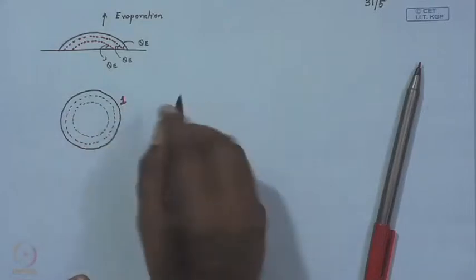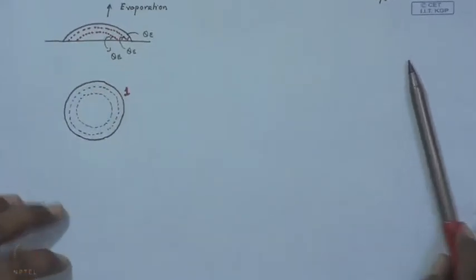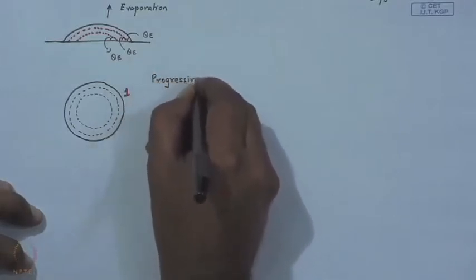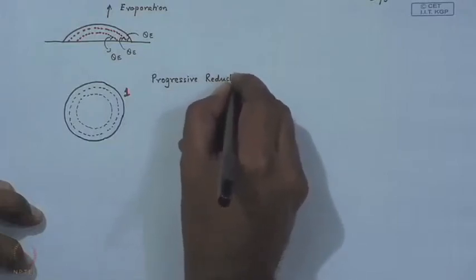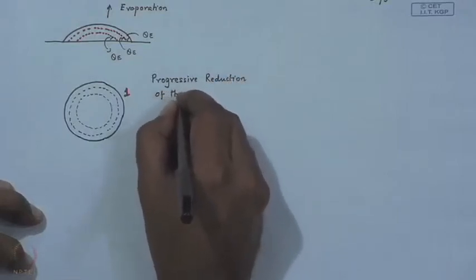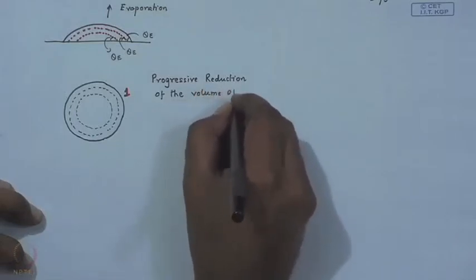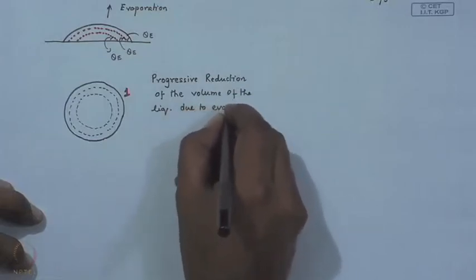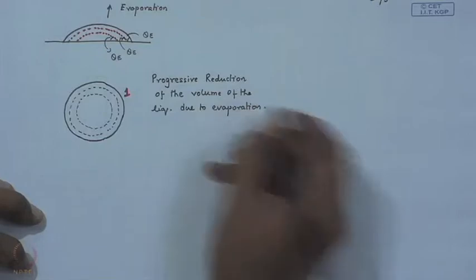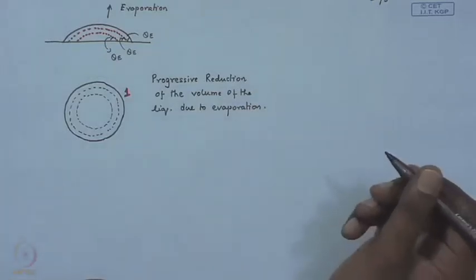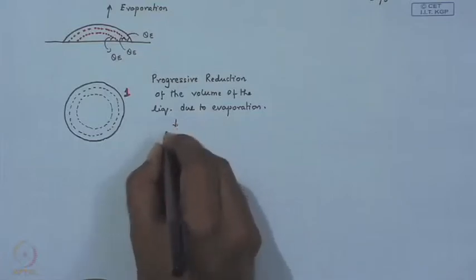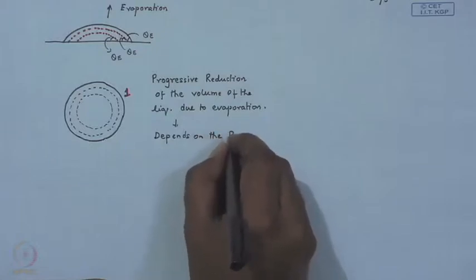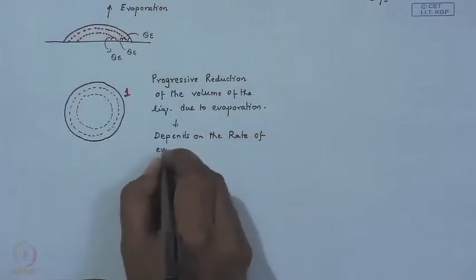So, this results due to progressive reduction of the volume of the liquid due to evaporation, and the dynamics, or how fast or slow this retraction occurs, depends on the rate of evaporation.